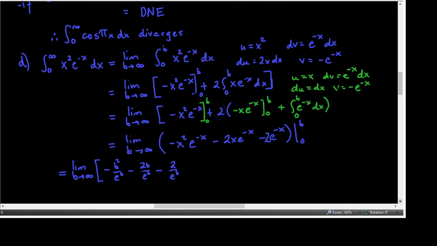Notice that I dealt with that negative exponent in that way. So that's the substitution of b in for each x.